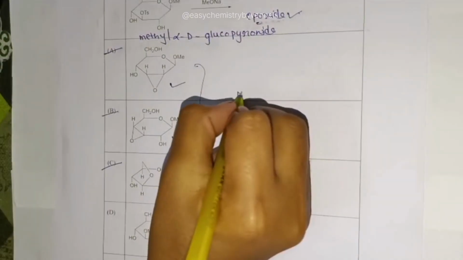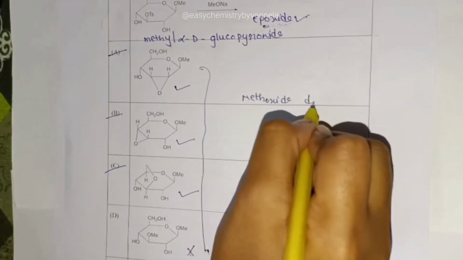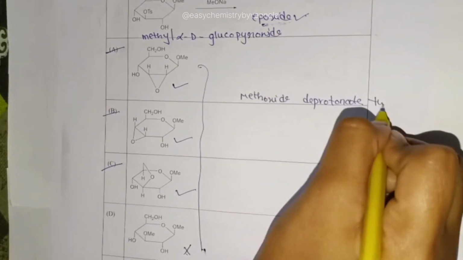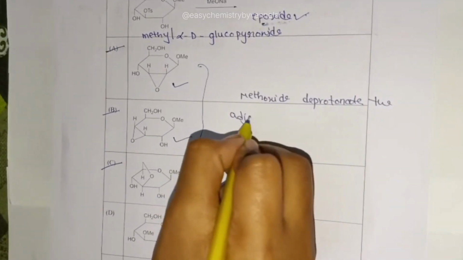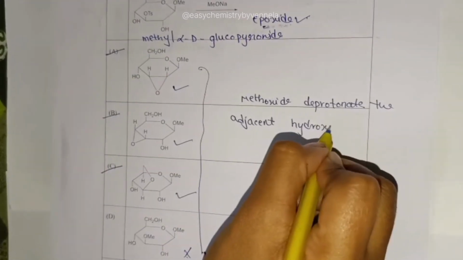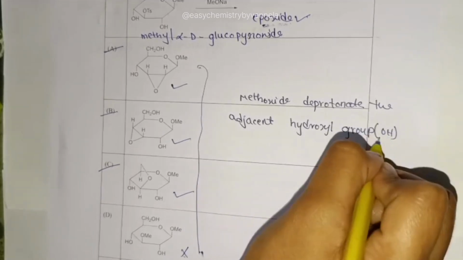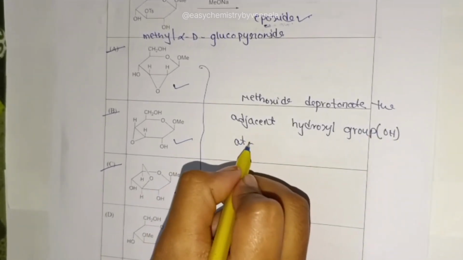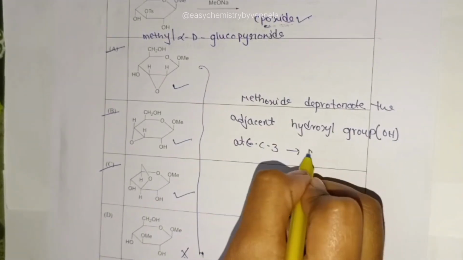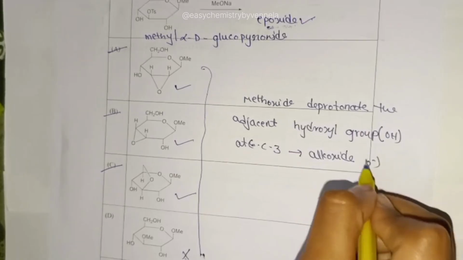Here methoxide deprotonates the adjacent hydroxyl group, OH at C3, giving the alkoxide, O minus.